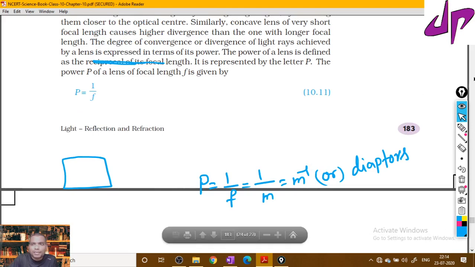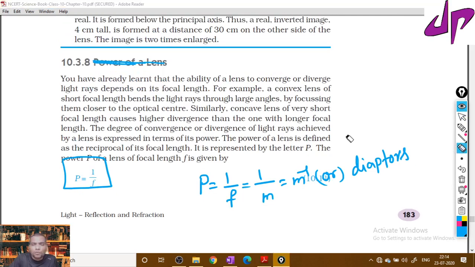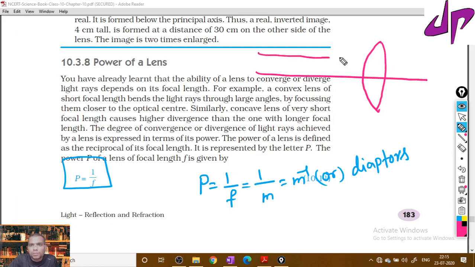Now how can we understand it more easily? What can a lens do? Suppose I take a convex lens, so this is my convex lens. A light ray passing parallel to the principal axis refracts after passing through the lens.